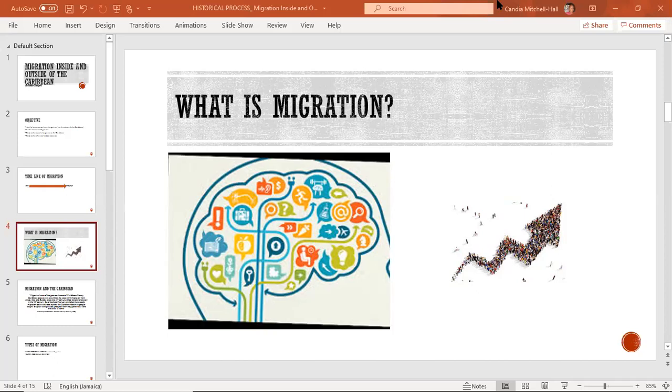So we know for sure that there's migration that has been taking place, and it's reflected in how we spent our summer holidays or Christmas holidays when I was a child.